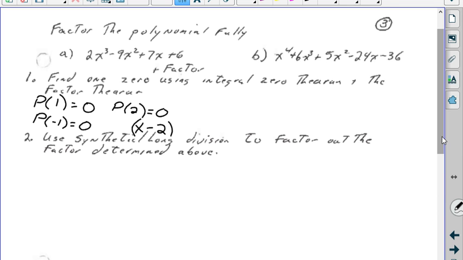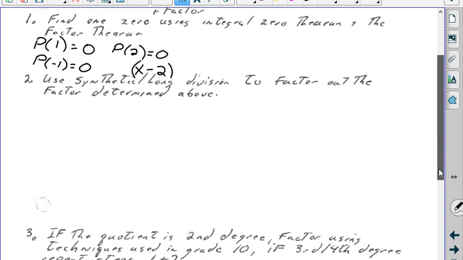I'm going to do this one with long division, because some people like long division more than synthetic, and I'm perfectly happy with that.